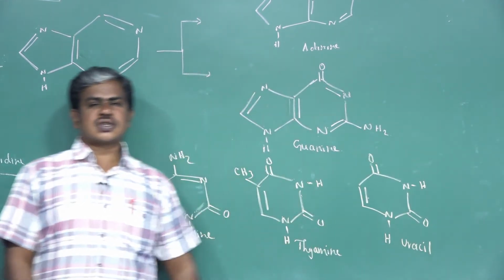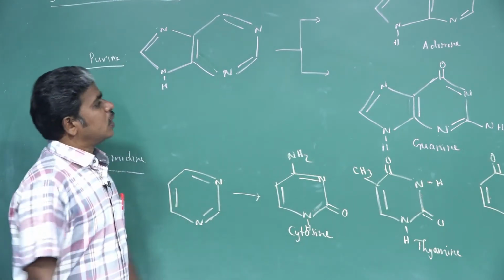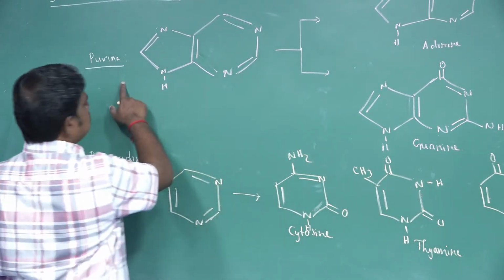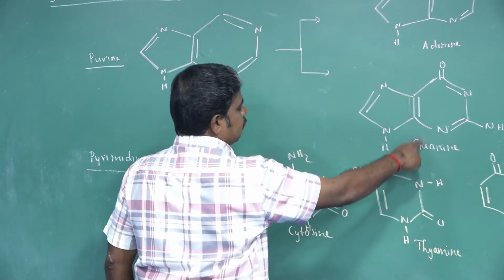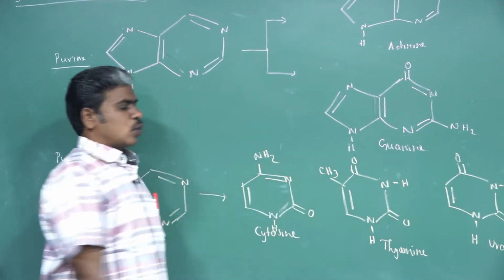So these are the structures of the purine and pyrimidine bases. The purine bases are adenine and guanine, and the pyrimidine bases are cytosine, thymine, and uracil.